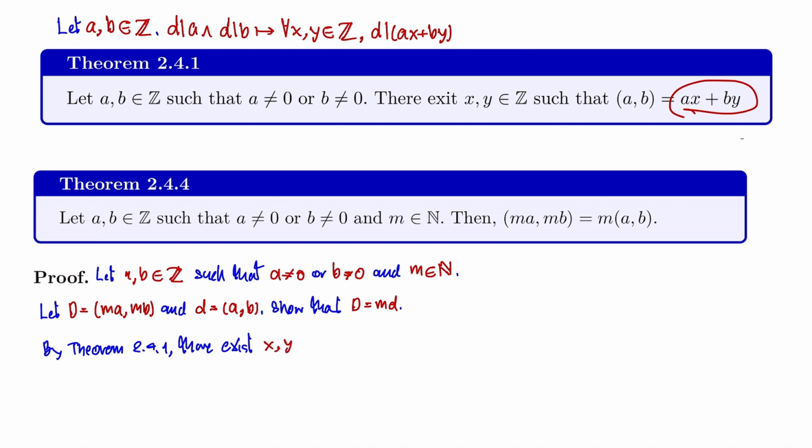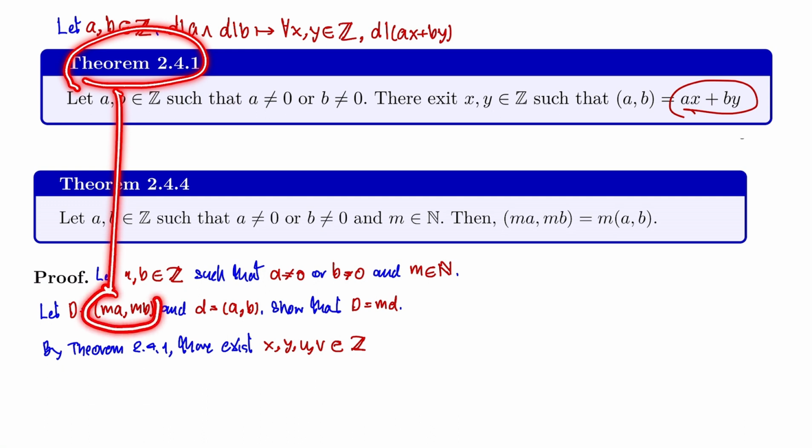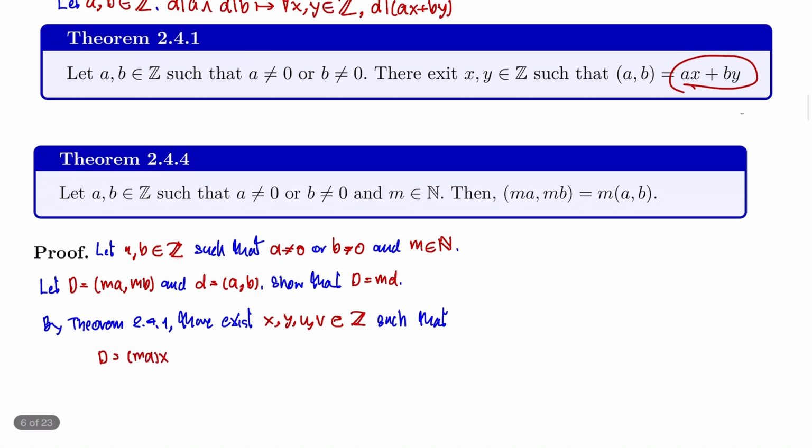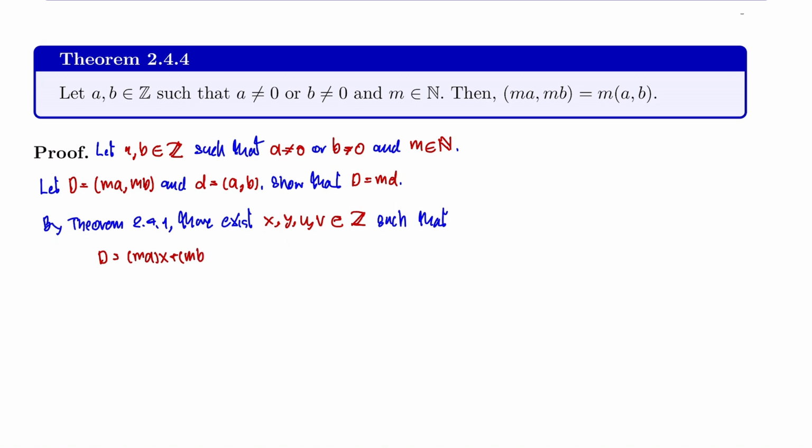I'm going to use x, y, u, v as integers because we want to use Theorem 2.4.1 with this greatest common divisor and the small d, which is the greatest common divisor of a and b. So we have D equals max plus mby. And what is our small d? d, the greatest common divisor of a and b, is going to be au plus bv.